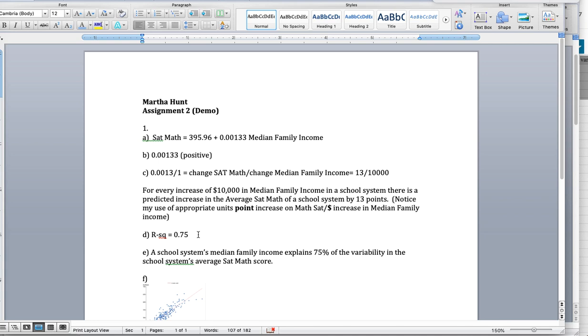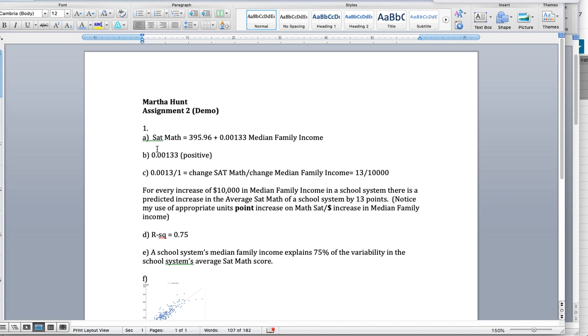The next question on the assignment is going to ask you for R squared. R squared was 0.75. That's called the coefficient of determination. The next part is going to ask you to interpret R squared, and I'd like R squared accurate to 2 decimal places.